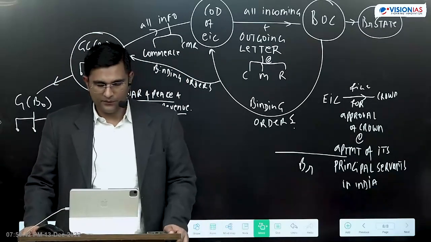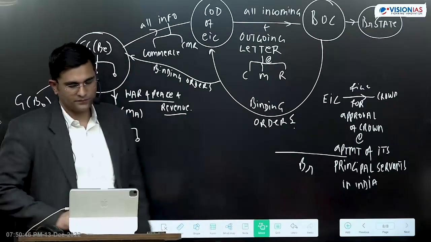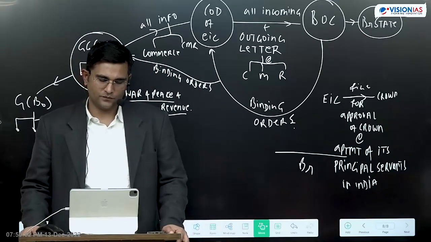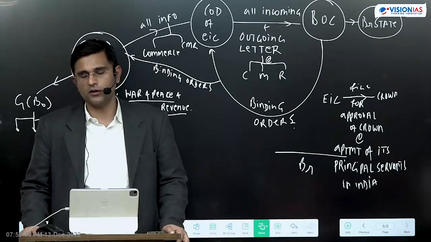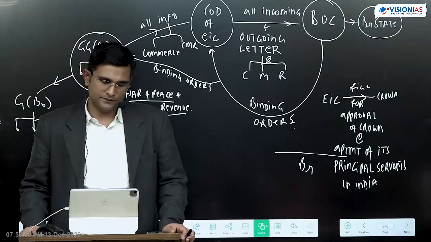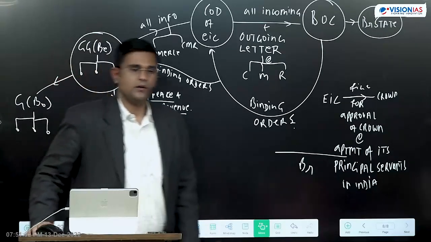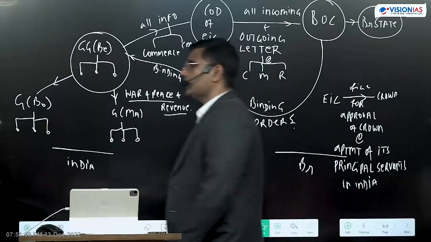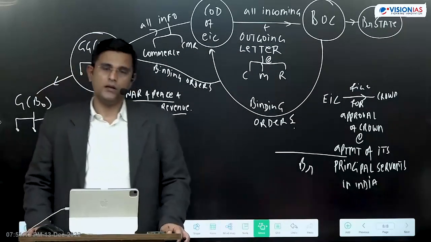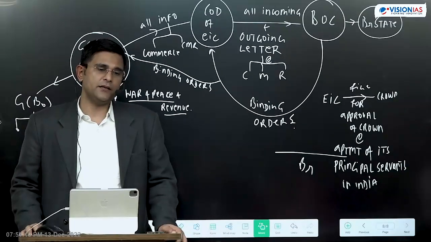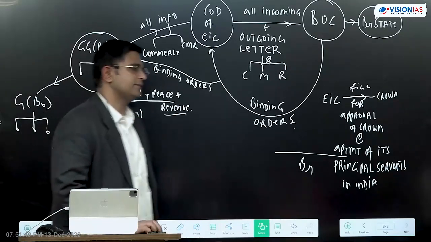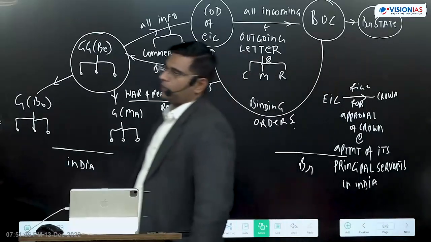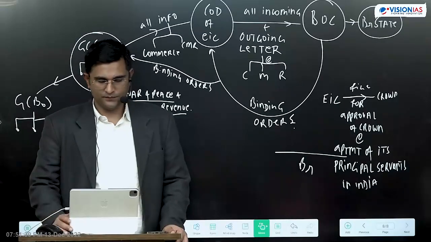Public affairs of EIC and EIC's administration in India was brought under control of British Parliament by setting up Board of Control, in brackets BOC, in London.